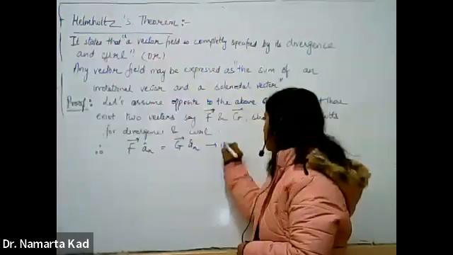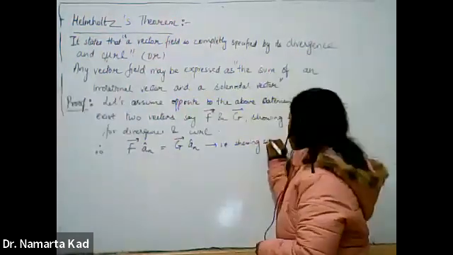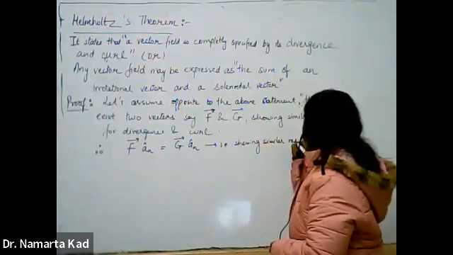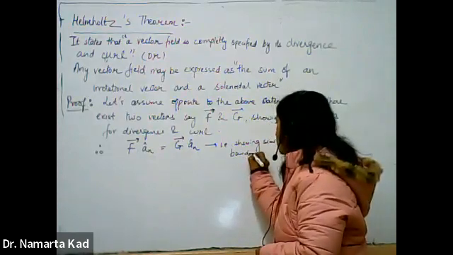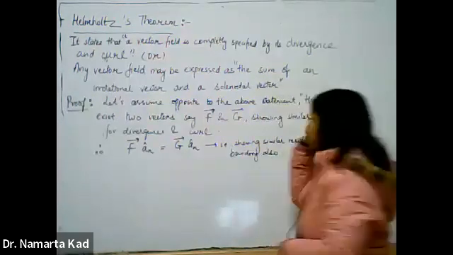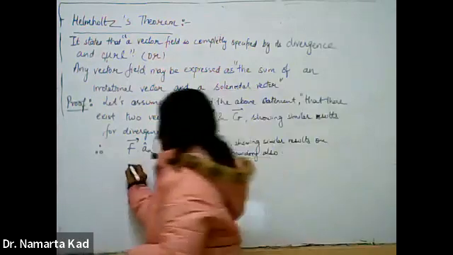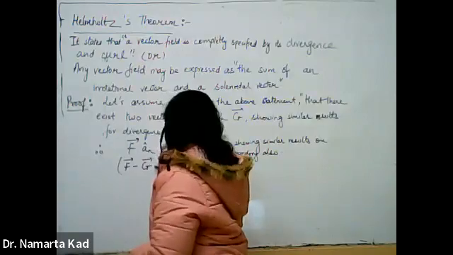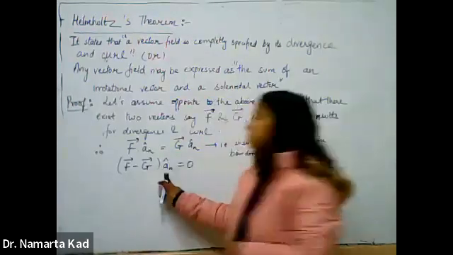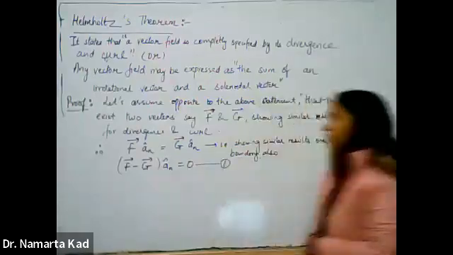That means they show similar results on the boundary also. So this is our first condition, and it can be written as F vector minus G vector dot n, the unit vector, is equal to 0. Mark it as equation number 1.